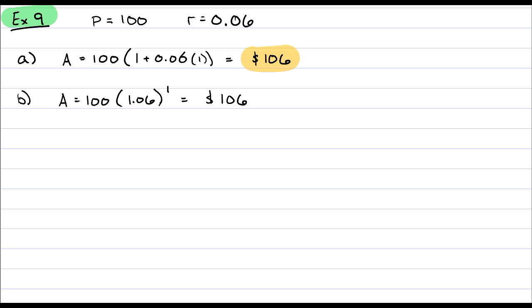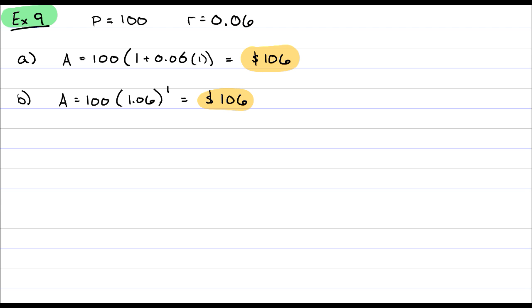Well, that's not terribly surprising because I'm only compounding interest once in this scenario. I'm using annual compounding, and I'm only looking over the course of 1 year. So I end that year exactly where I would have been if I had used simple interest. Now, these two problems, Part A and Part B, simple interest versus compound interest, are going to start diverging as I go into the second year.